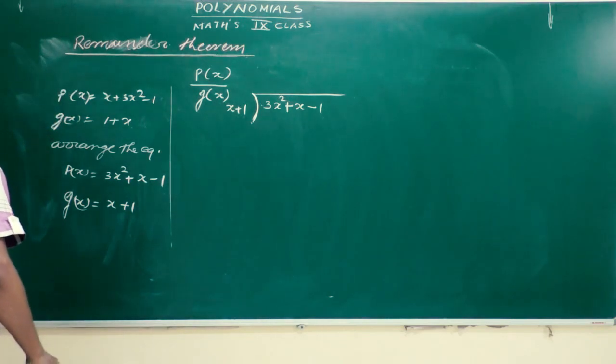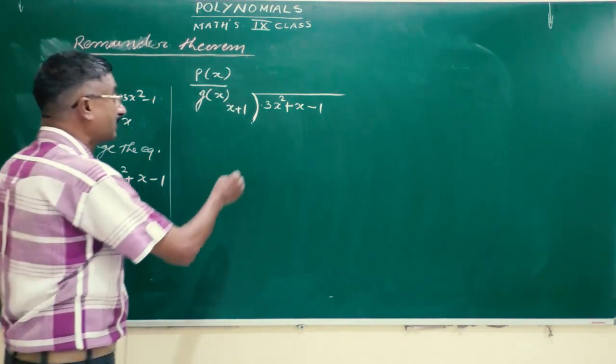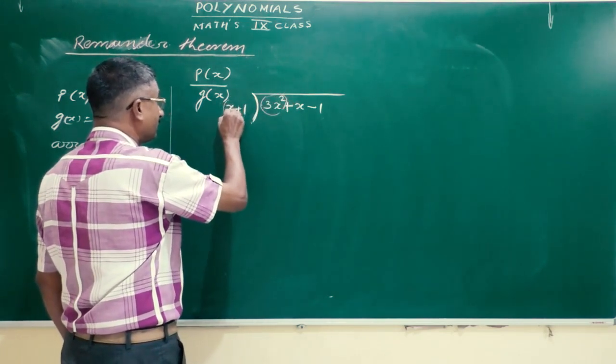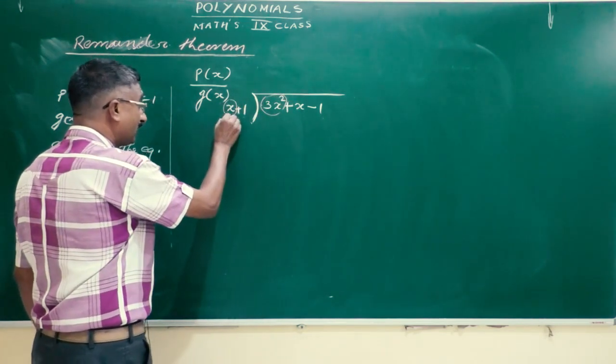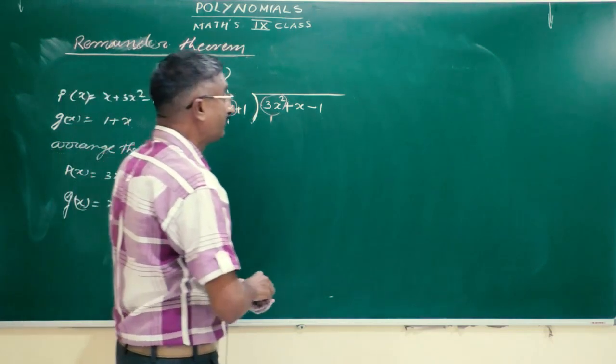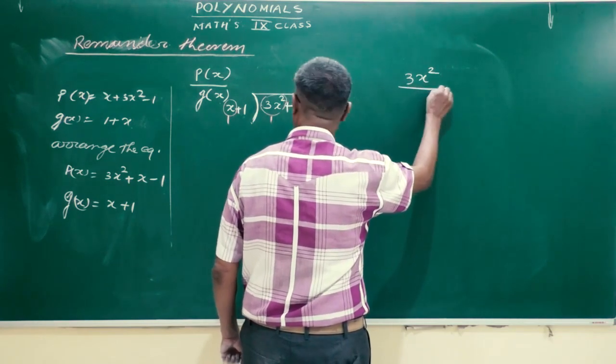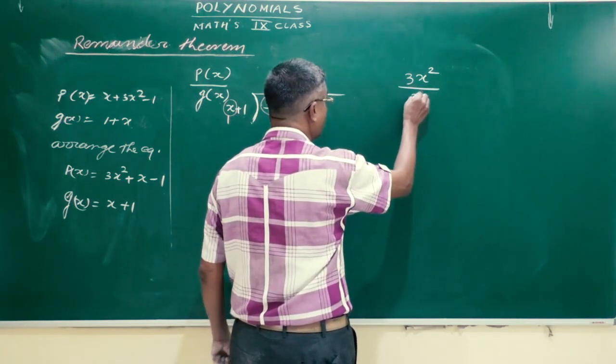Very first thing, consider the first term of the dividend and the first term of the divisor. The first term of the dividend is 3x square and the first term of the divisor is x.